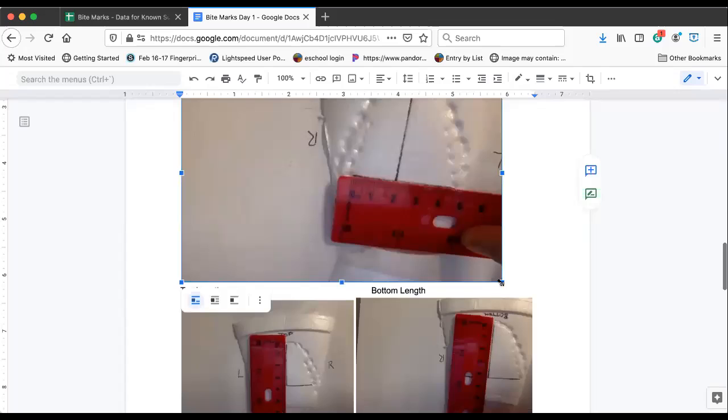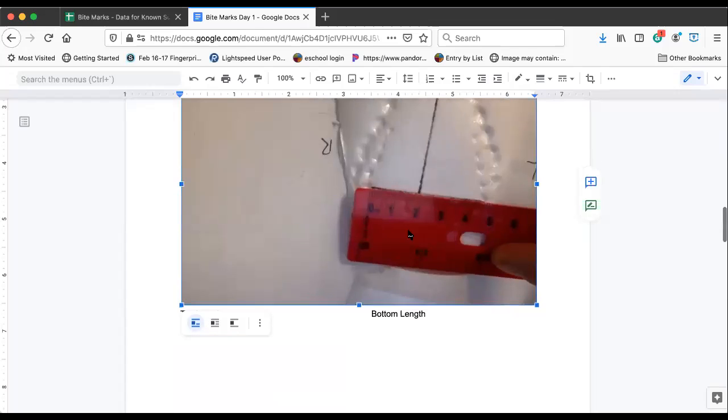See if I can make it even a little bit bigger than that. All right, there's our bottom width picture. All right, this one I did get the ruler good. 0 over to, what's that, 10, 20, 30, 40. What's that look like? 45 millimeters for the width.